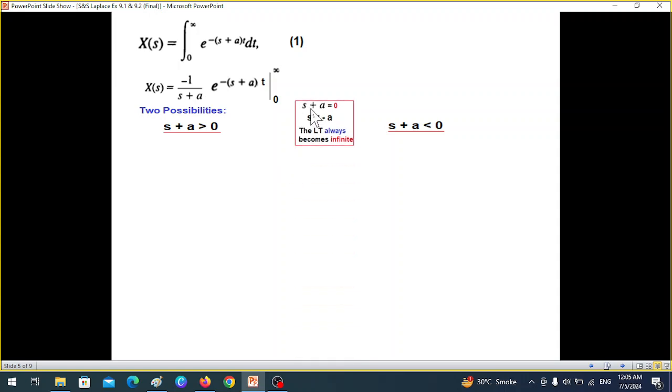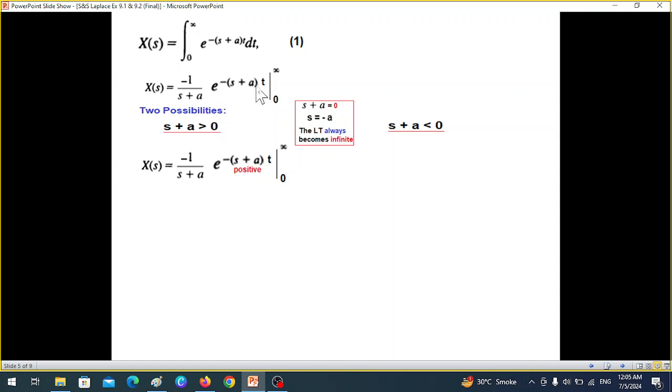Okay, S plus 1 equal to 0 we don't consider because at this point, that is when S is at minus 1, the Laplace transform will always be infinite. So we know this, so there is no point writing it. But in these two scenarios, it could be finite here or it could be finite here. So we'll see that with these two examples.